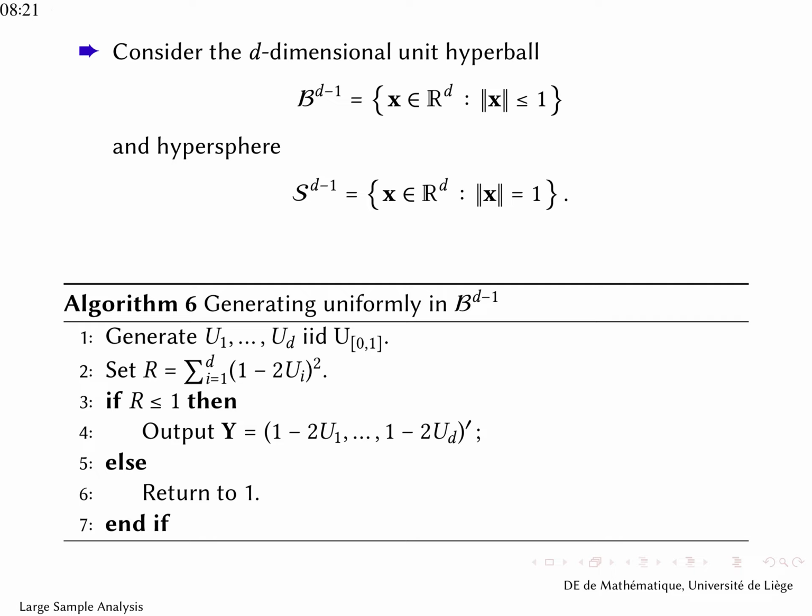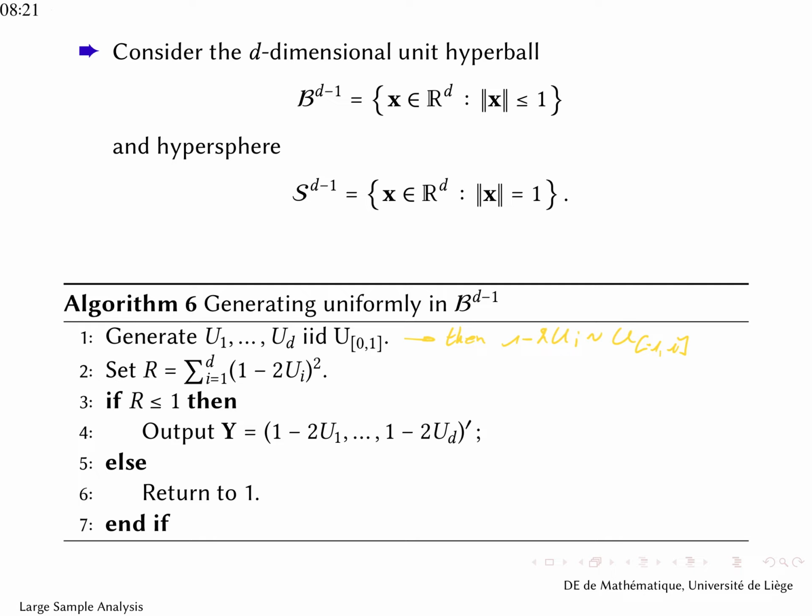First, we generate d numbers u_i, all IID coming from a uniform distribution on the interval [0, 1]. If each u_i is between 0 and 1, then 1 minus 2u_i is uniformly distributed over the interval [-1, 1]. u_1 to u_d thus define a location in my d-dimensional hypercube.